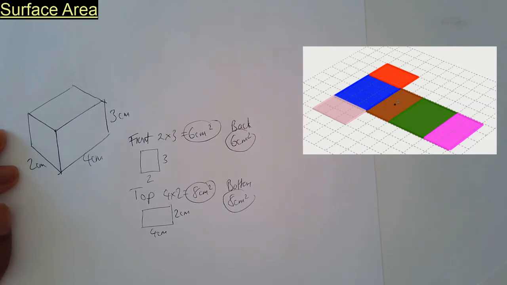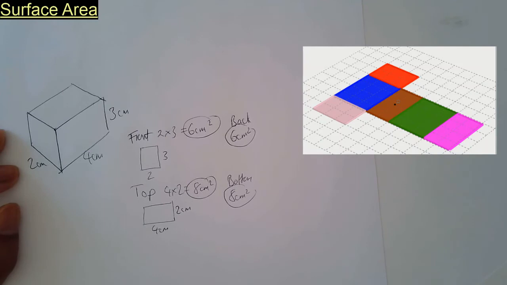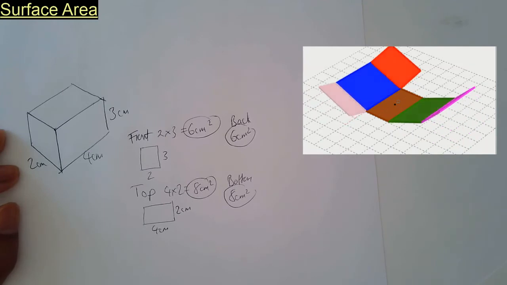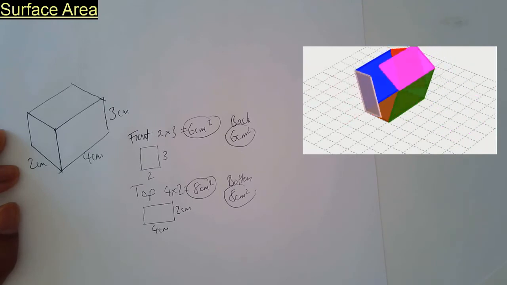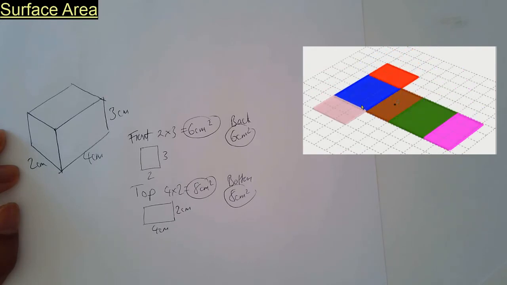If you just look at the animation again, the brown one is the bottom, and the dark pink one is at the top. Both 8 centimeters squared. If you count the squares here, 8 centimeters squared, and the dark pink one also 8 centimeters squared.